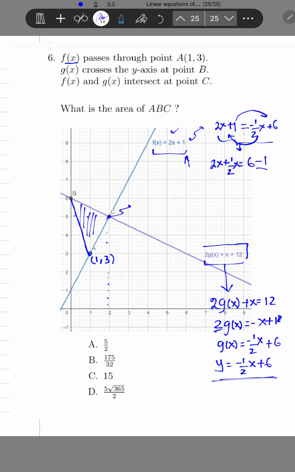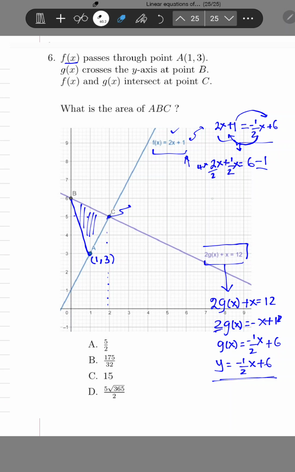2x plus half x is, when we give it a common denominator here, 2x means 4x over 2. When we have a common denominator this side, we have 4 plus 1, to make things clear here, 5x, which is going to be 5 over 2 x.